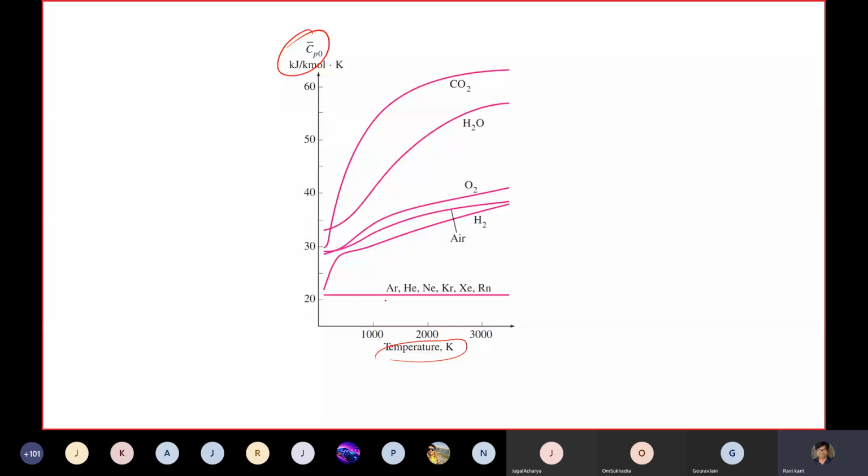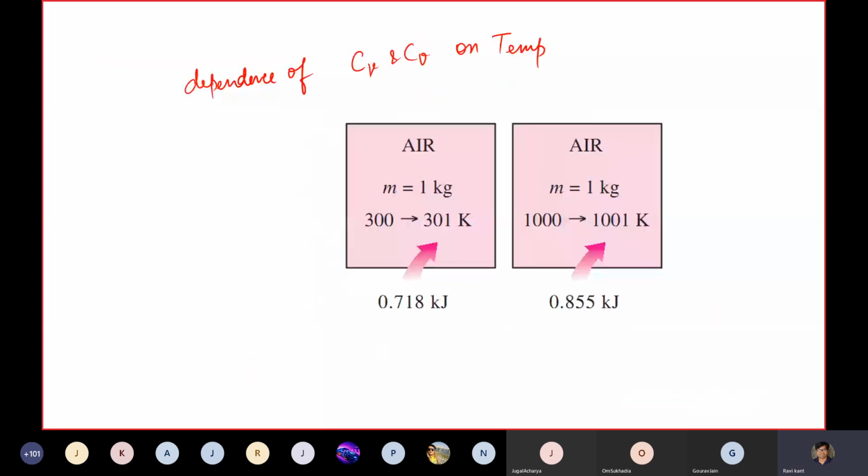In most cases, for inert gases, it seems to be constant, but for diatomic and other polyatomic molecules, it may have some sort of functions. So in general, you can tell that Cp must be a function of temperature. It is written over here also.